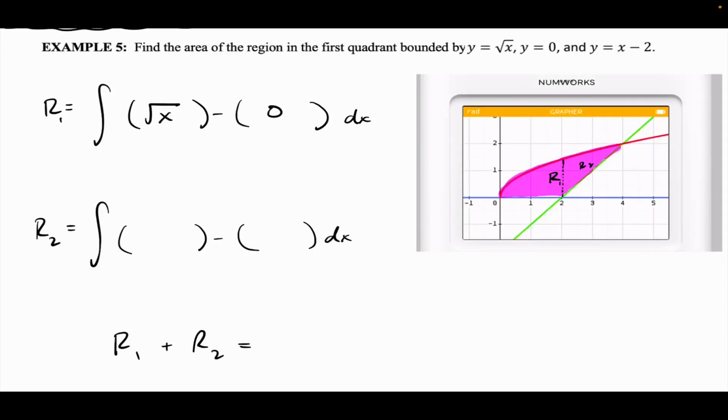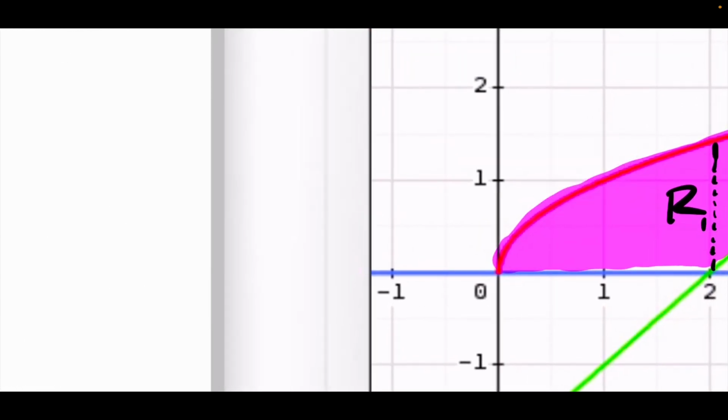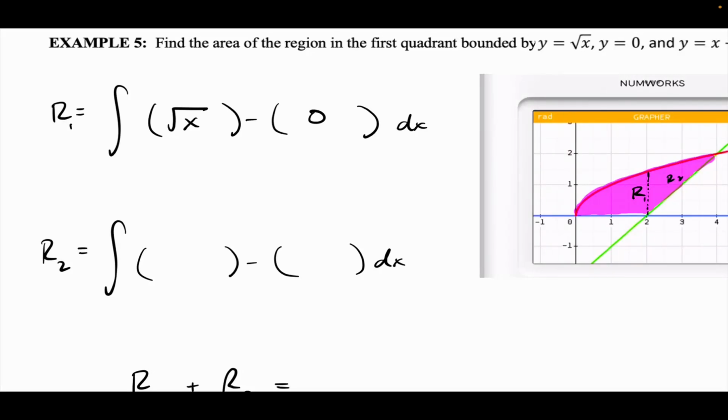What are the bounds for R1? From where to where? 0 to 2, it looks like, right? It looks like wherever the green touches the blue. We can check that, but it's going to be 2. It's 0 to 2. First one done.